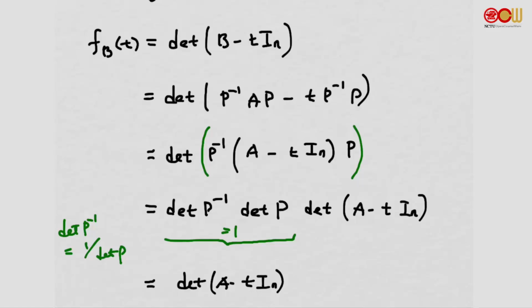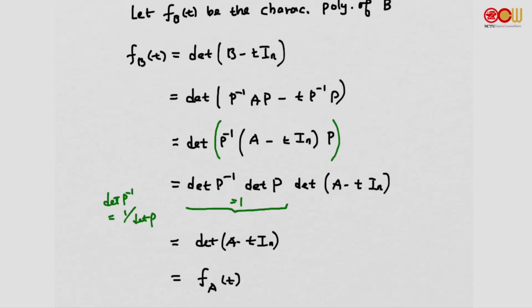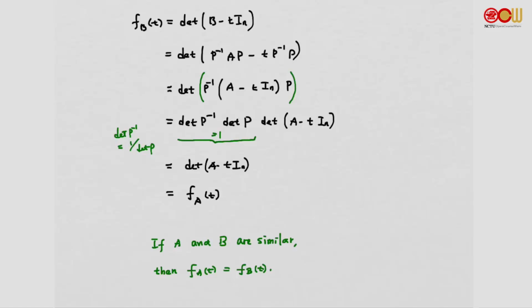So we are left with this term only. And what is this? This is precisely the characteristic polynomial of A. Voila! We get the conclusion that if A and B are similar matrices, then they have the same characteristic polynomial.